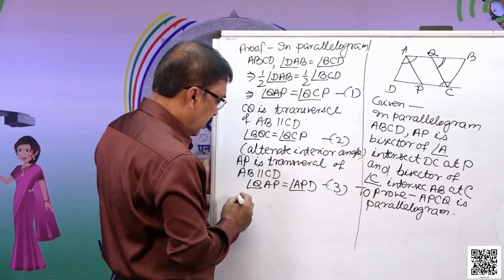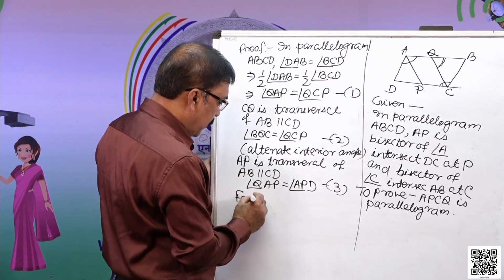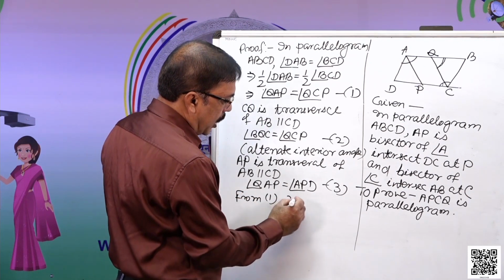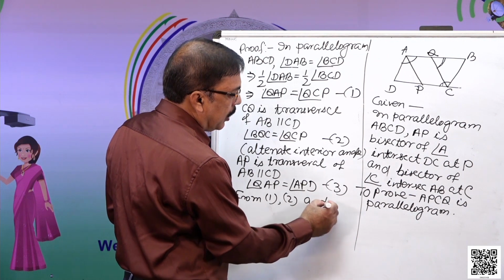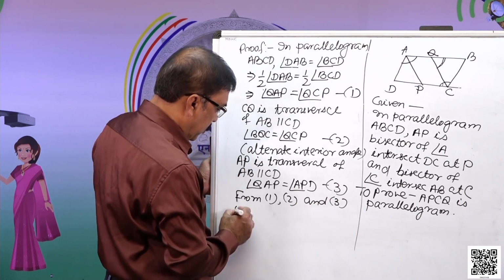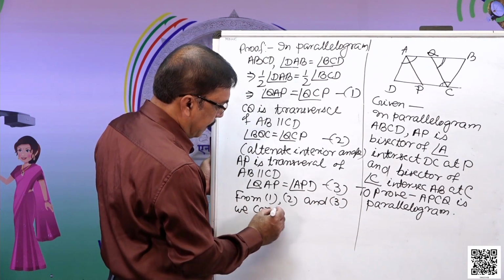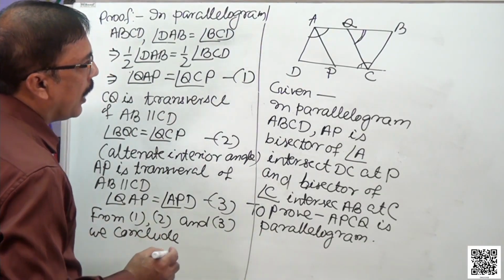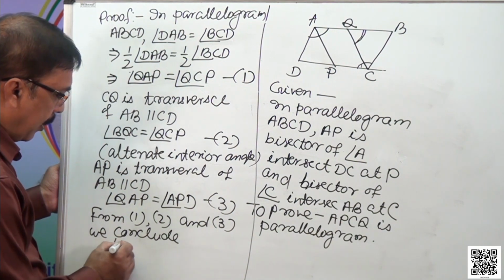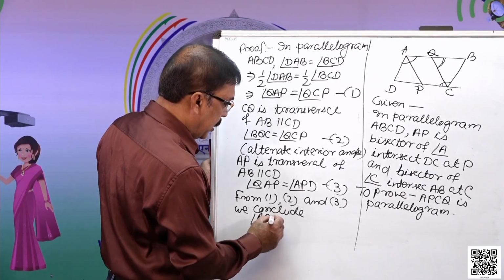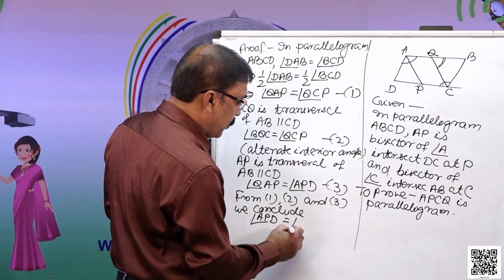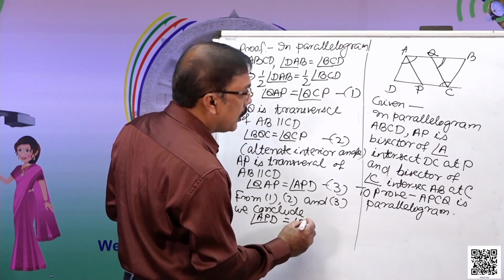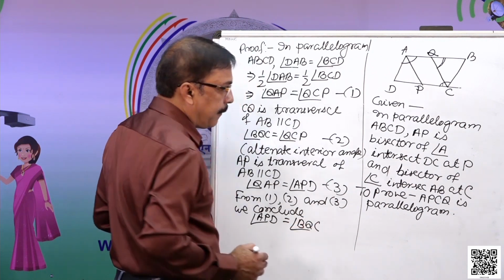From these 3, 1, 2 and 3, we conclude that angle APD is equal to angle BQC.